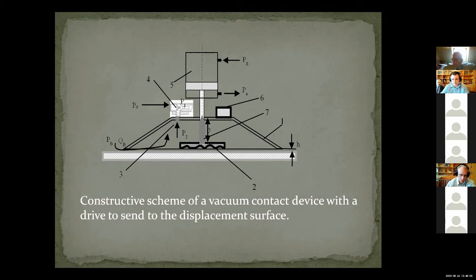The distance between the vacuum contact device plane and the surface is denoted as gap H. The placement of the plunger is denoted as Y.